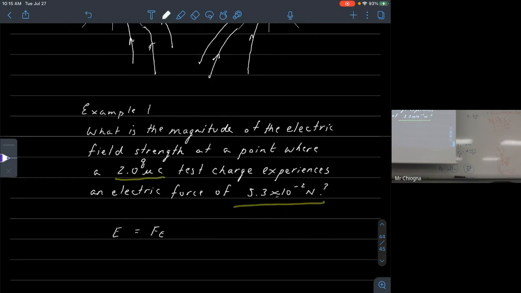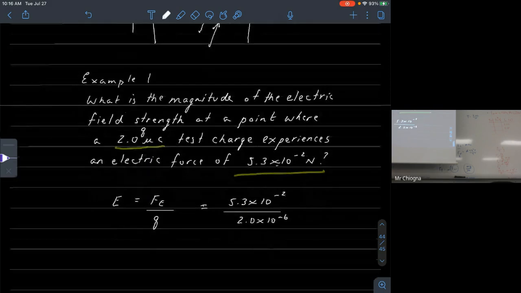It is a force per unit charge. So you have to divide out the small q.